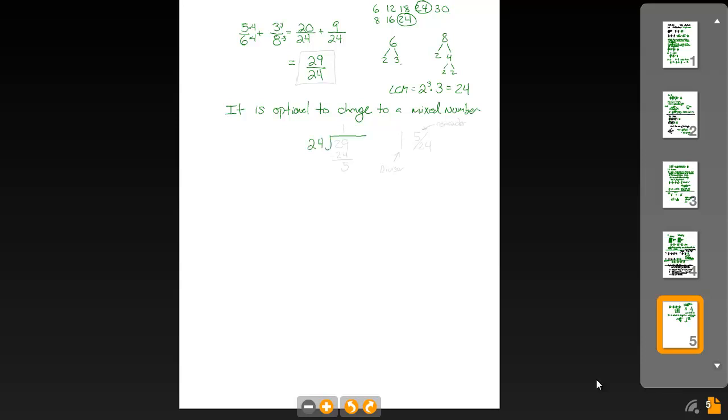Carrie wants to, through years of training, as some of you do, change it to a mixed number. A good way to record what she's doing is she's doing long division in her head, actually.